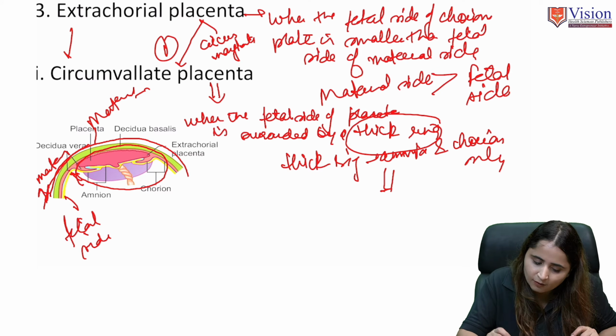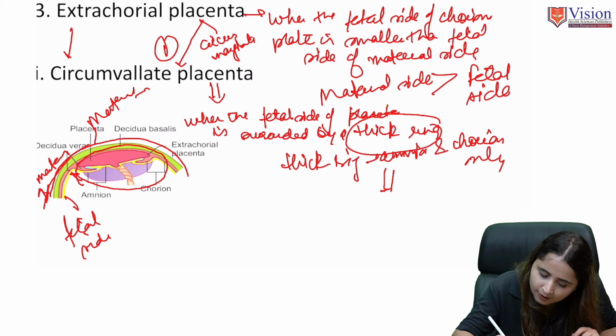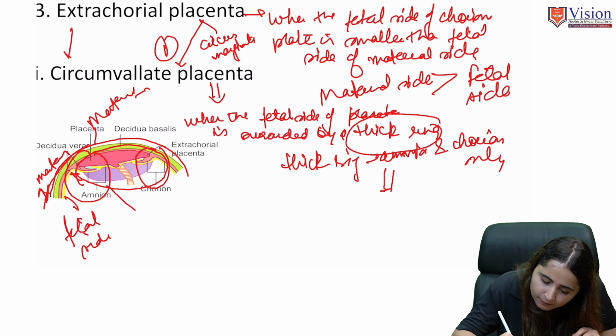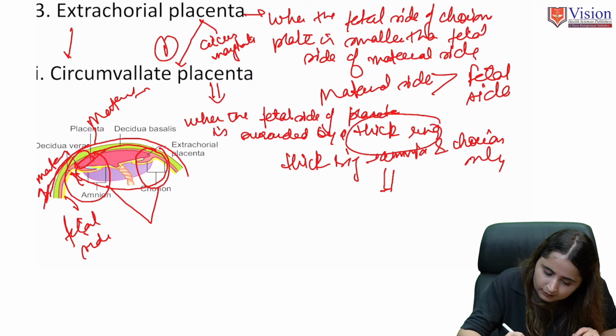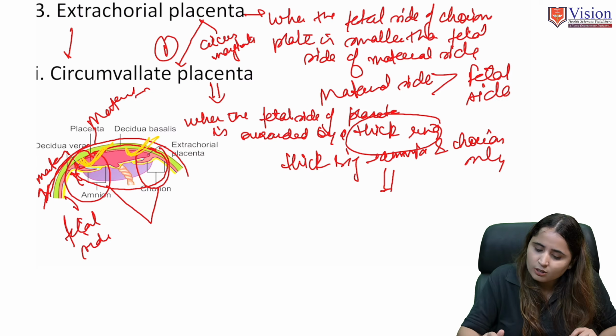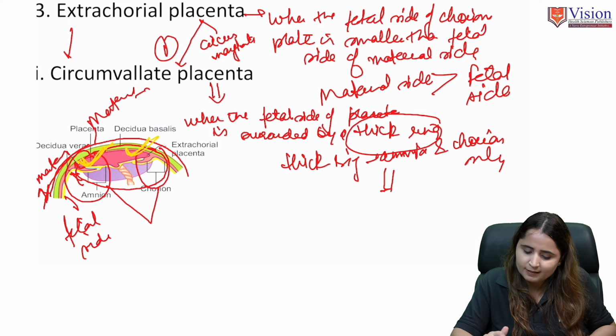And plus, there is an overlapping of this amnion and chorion. You can see here in the diagram, there is this overlapping of the amnion and chorion over here. So that is a circumvallate placenta.